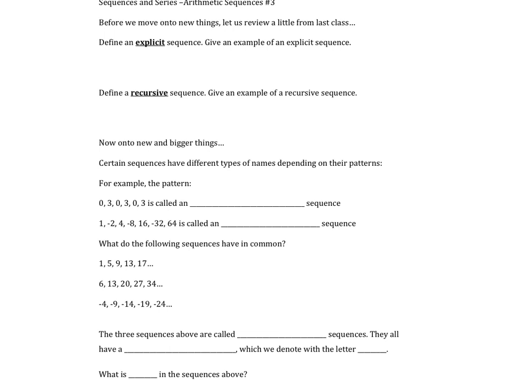Okay, so define an explicit sequence. If you remember, an explicit sequence is a sequence where the value is found by its place in the sequence.